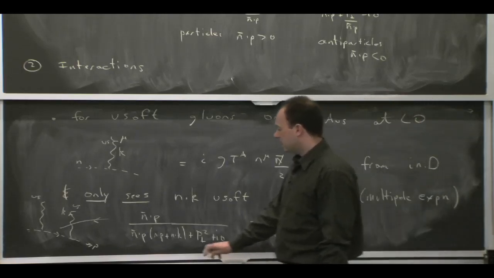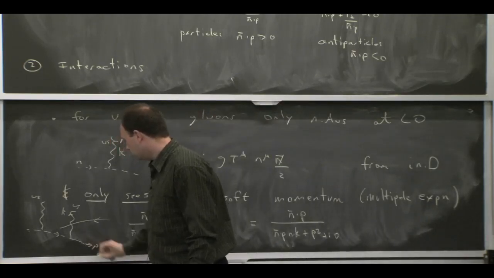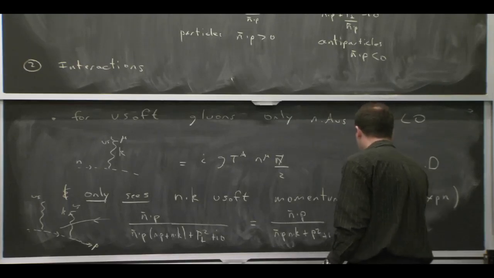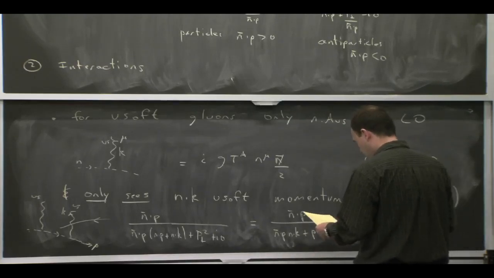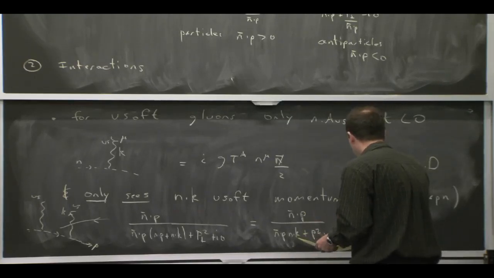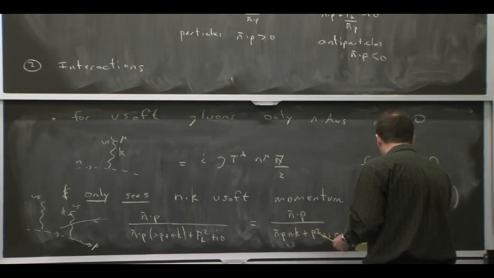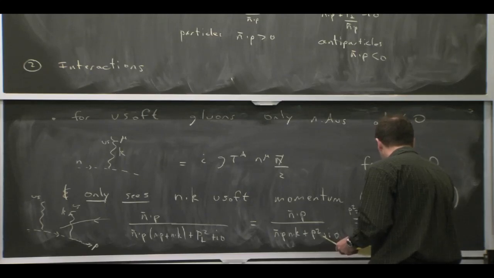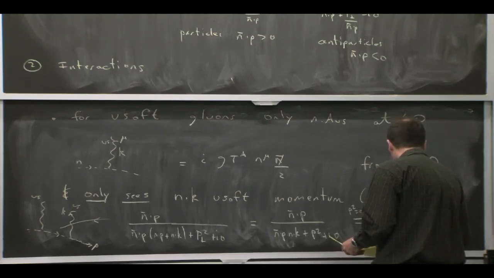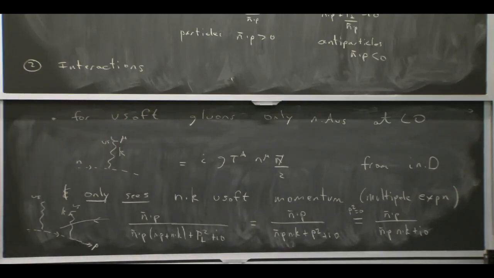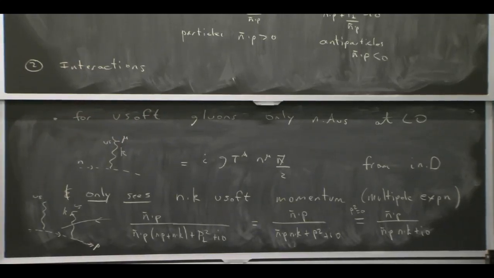And if this guy is an external particle, as it is in my figure, then p squared would be 0. Okay, so if I go to the on-shell case, p squared equals 0, then this just becomes n bar dot p over n bar dot p, n dot k plus i0, which is looking like just 1 over n dot k. So it's becoming very simple.